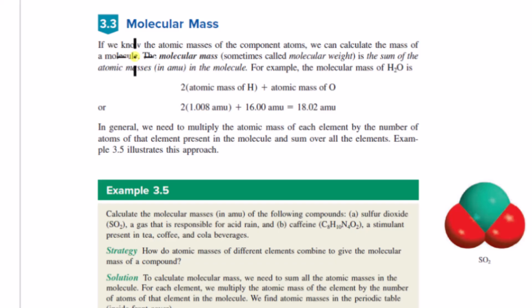So if we know the atomic masses of the component atoms, we can calculate the mass of a molecule. The molecular mass or molecular weight is the sum of the atomic masses in AMU in the molecule. For example, the molecular mass of H2O is you take 2 times the atomic weight of a single hydrogen atom and add that to 1 times the atomic weight of a single oxygen atom, and there's the weight of an H2O molecule.